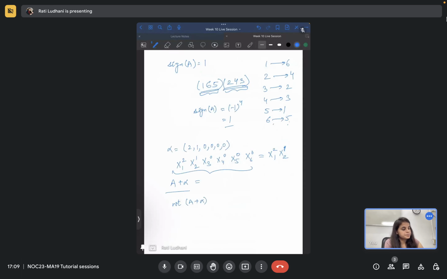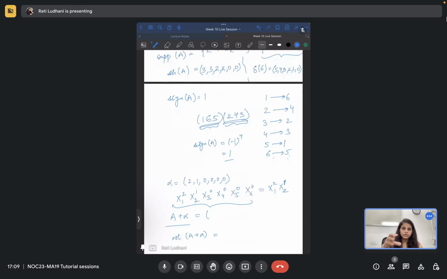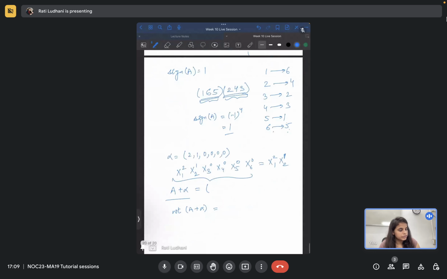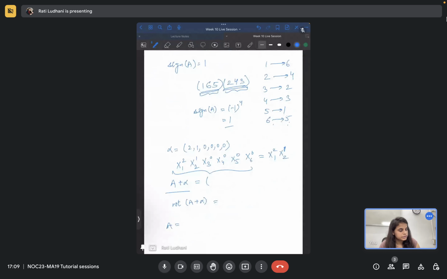If you want to write in that form, you can do this also. So the weight of A is what we have written down.